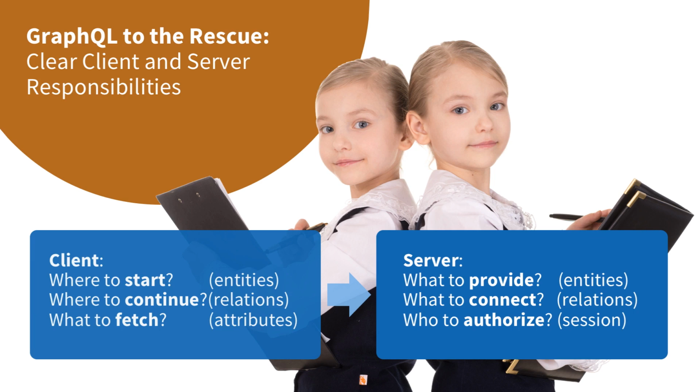This split is not really possible with REST, because what REST actually does is shift more to the server. The server, with these endpoints and other things, clearly says what is possible. The client is not really able to do a so-called client-directed query. Yes, you have different endpoints, and the start is possible, but especially where to continue and what to fetch is not so easily possible with REST.